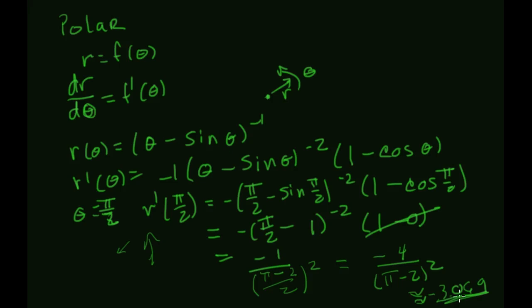So if you envision this as a particle going around the origin, it's actually getting closer to the origin at that time. So this is what dr d theta actually means: how is the distance from the origin changing with respect to the current rotation?